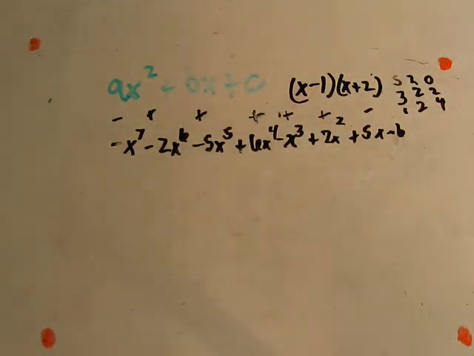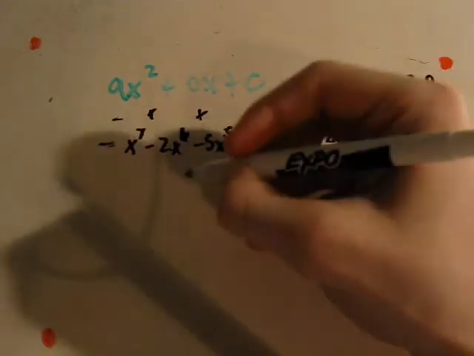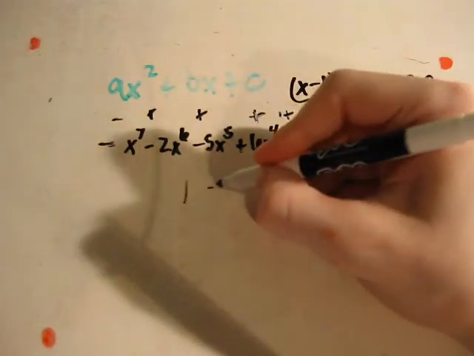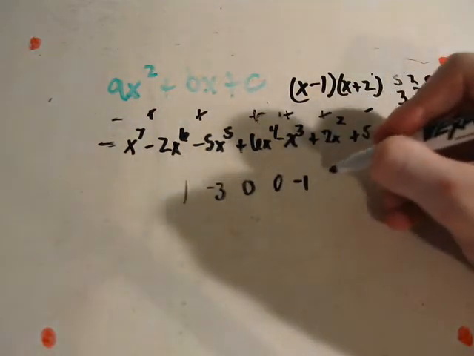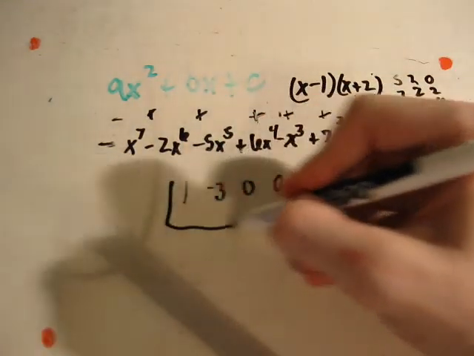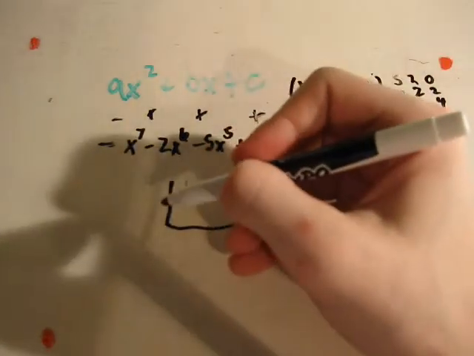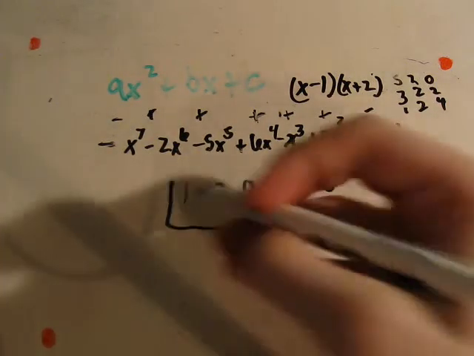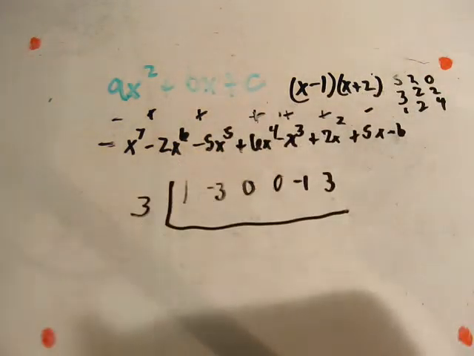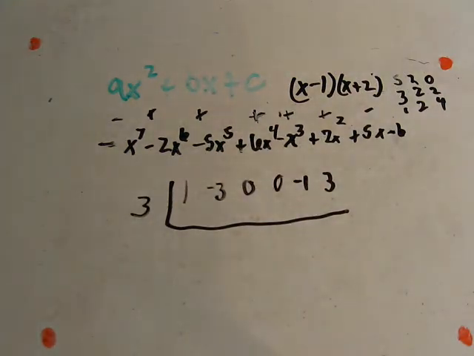So, we've got 1, minus 3, 0, 0, negative 1, and 3 left over from our last problem. And let's try, well, we've already tried negative 3, which didn't work. So let's try positive 3, which would be x minus 3 as a factor.